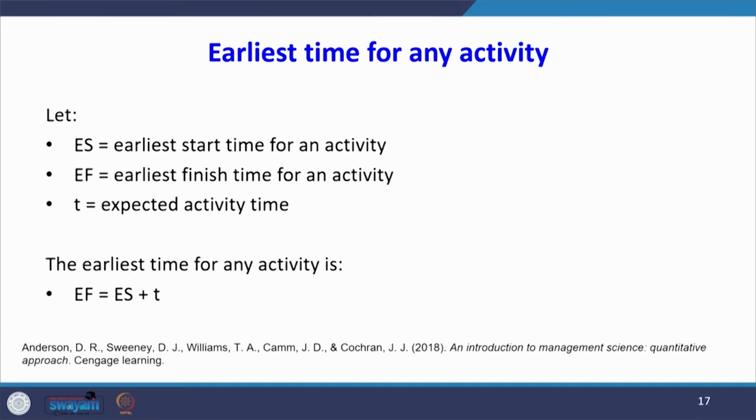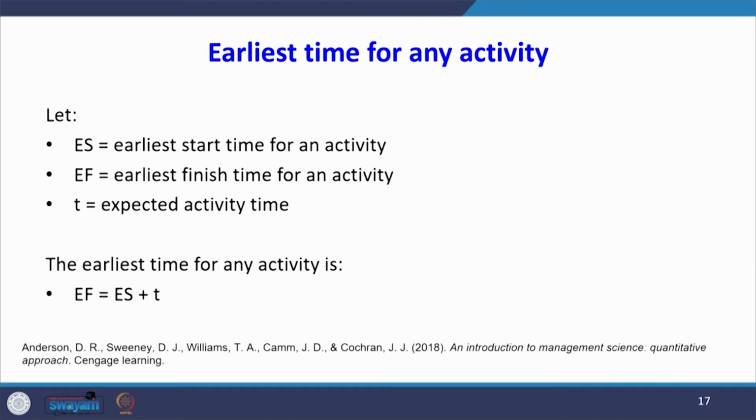Now, I am going to explain. To find out the critical path, you should know the earliest time for any activity. It may be the earliest starting time or the earliest finishing time.